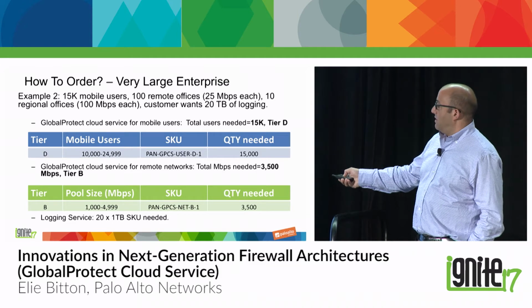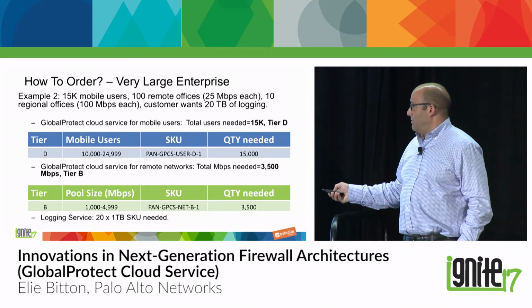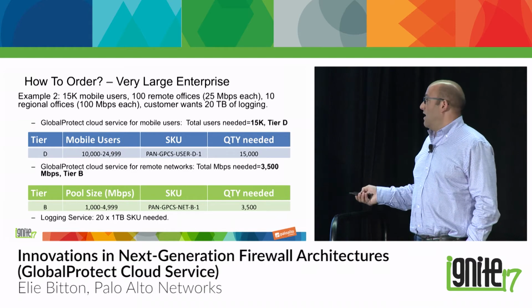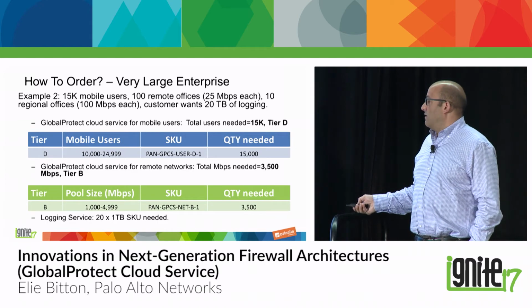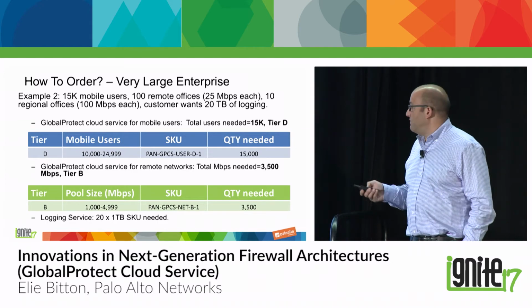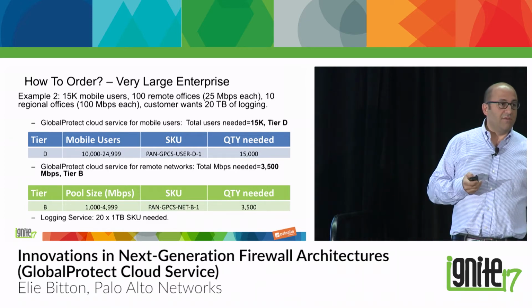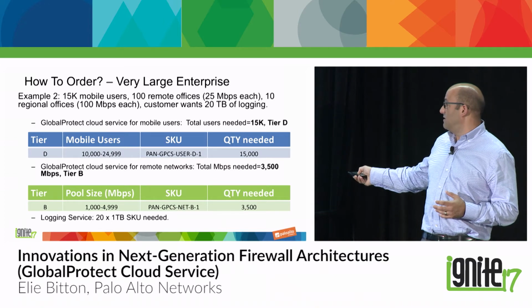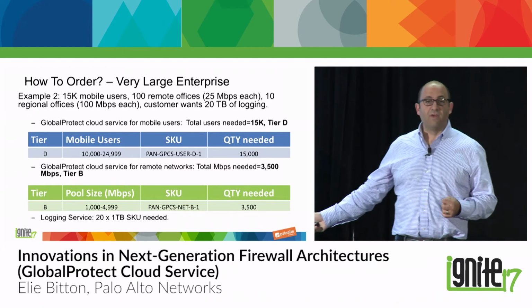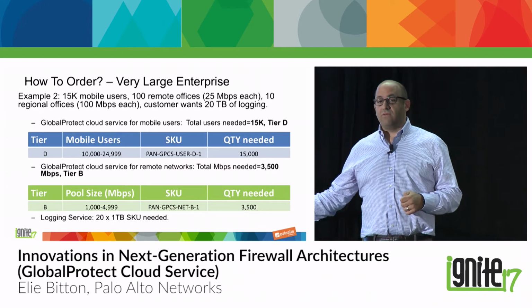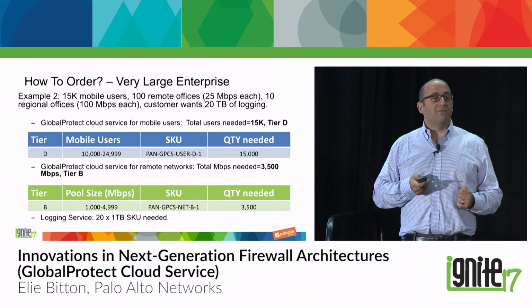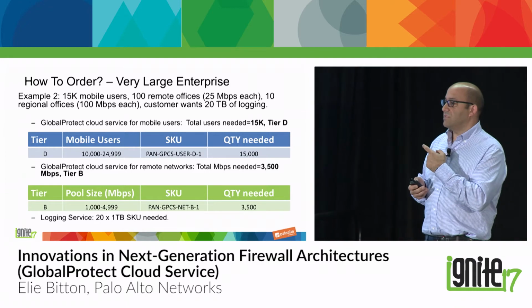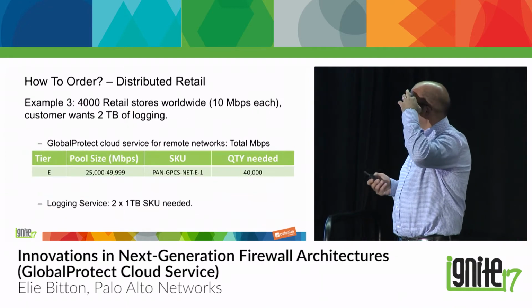It falls pretty much in the middle of this tier D, and they pay whatever price that is. Then for the remote locations, it's 3,500 megabits if you add it all up. And they fall in tier B for that. So they buy this SKU in quantity 15,000 and quantity 3,500 there, and then 20 times 1 terabyte for the logging. So 3 line items on an order to solve this case.